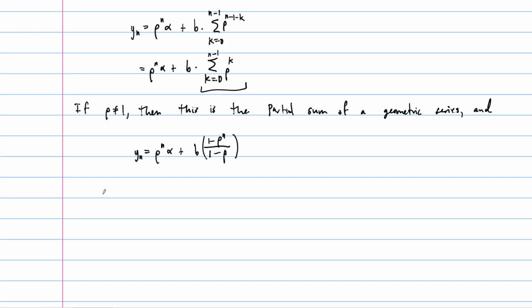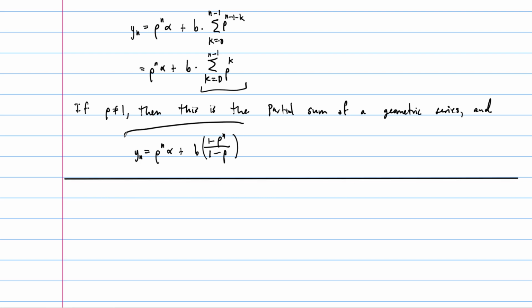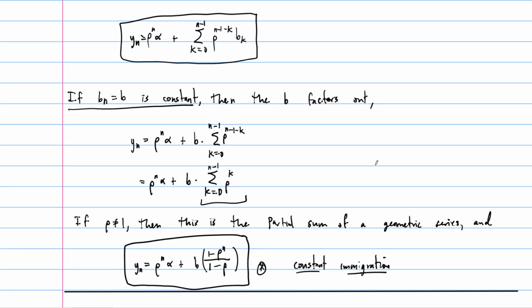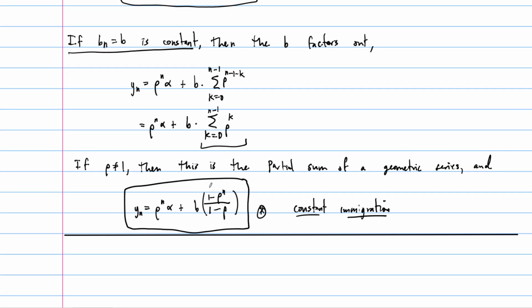All right, let's do some particular examples now. Now that we've worked out all these details and struggled through, let's see. So this one, again, this is the closed form formula for constant immigration. So if the immigration is just a constant, right? Constant immigration, that's B, right? The B is the constant immigration.